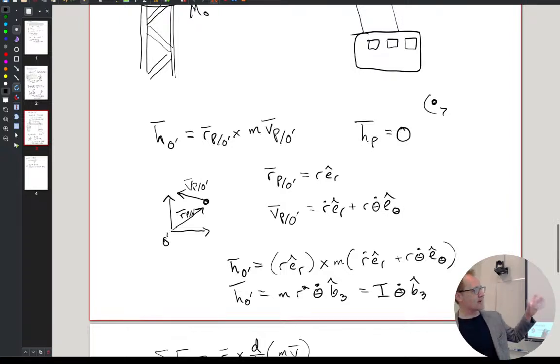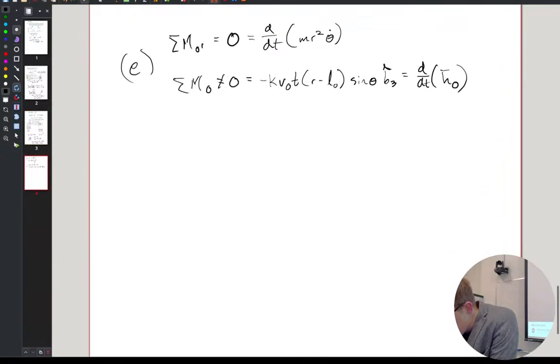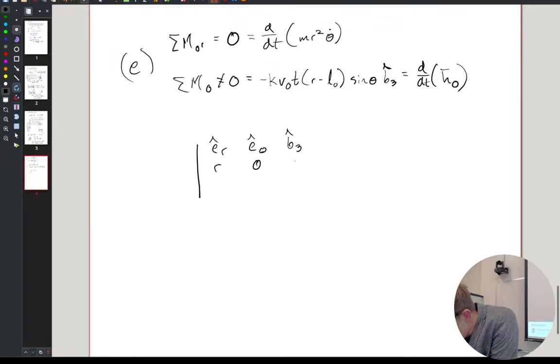This is the way that I prefer to do cross products, where I'm just looking at the unit vectors themselves and crossing them, rather than, I think the way that I've seen it most of the time, where you put the ER, E theta, B3, so then we would have an R, a 0, 0. Have you seen this one before? Is that how you used to do cross products?